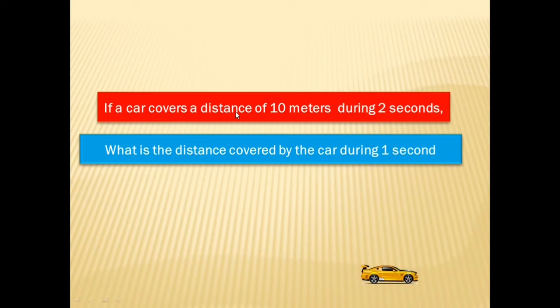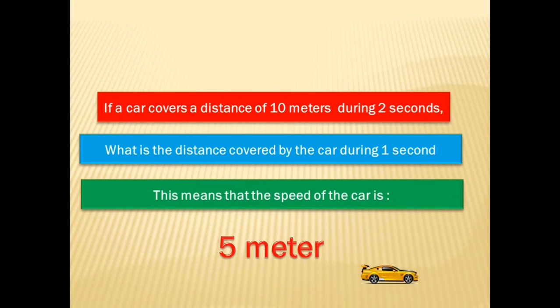The car covered a distance of 10 meters during 2 seconds. So during 1 second, the car covers 5 meters. This means that the speed of the car is 5 meters every second, or we can say 5 meters per second. This is the speed of the car.